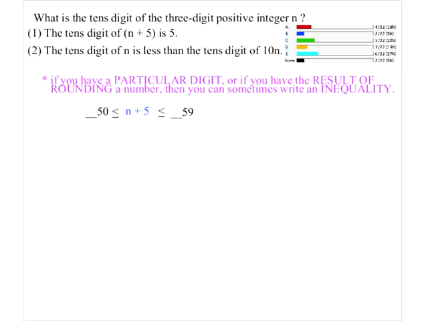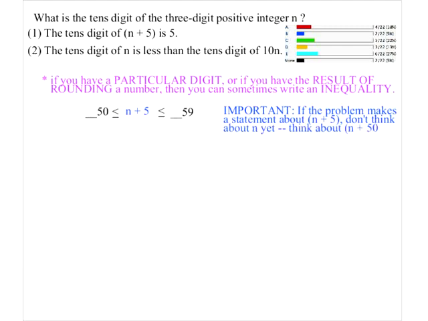This is very important. If the problem makes a statement about, say, n plus 5, don't think about n yet. Think about n plus 5 as a whole. That's supposed to say 5, not 50.